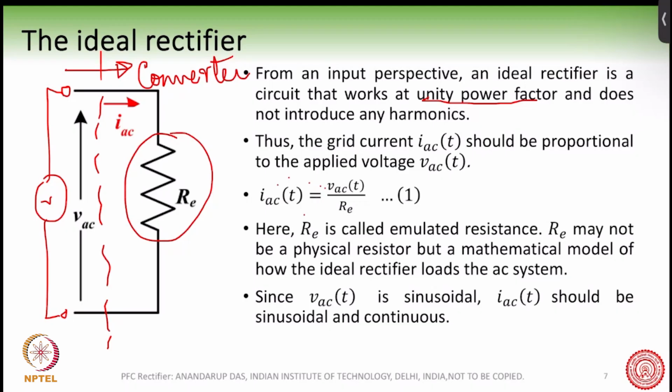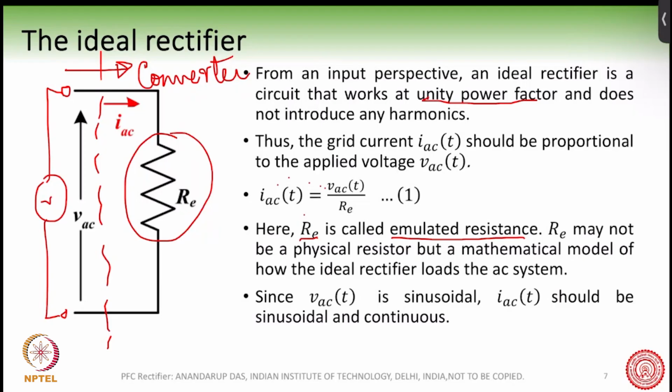This resistance, which we call RE, is the emulated resistance. Why is it an emulated resistance? Because it may not be physically a resistor, but we want to emulate this resistance by doing internal switching of the converter and all sorts of things inside the converter.